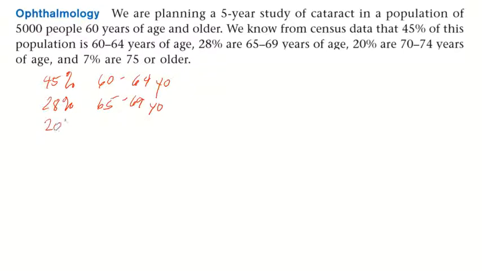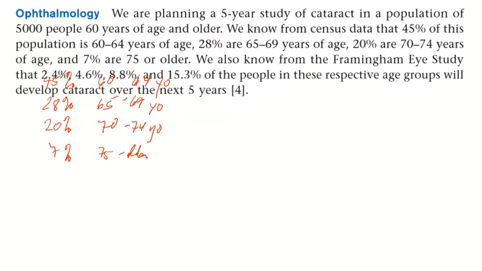And 20% of the population are from 70 to 74 years old. And 7% of the population are 75 or older. Okay, sorry, it's quite messed up. Suppose we know from a study that 2.4%, 4.6%, 8.8%, and 15.3% of the people in these respective age groups will develop cataract over the next 5 years.